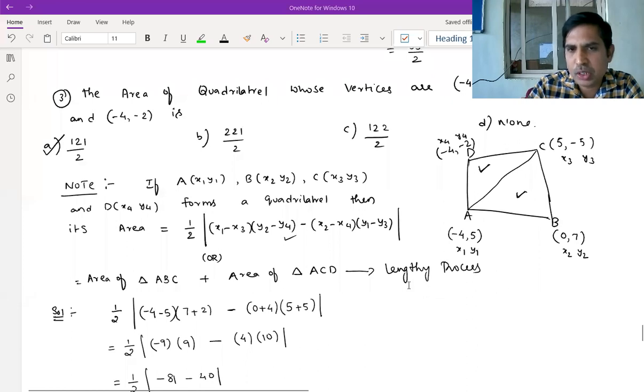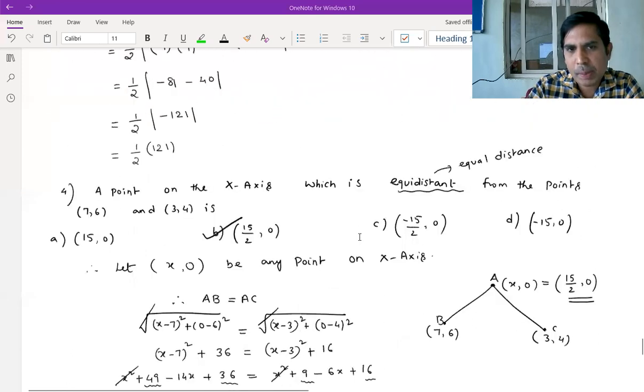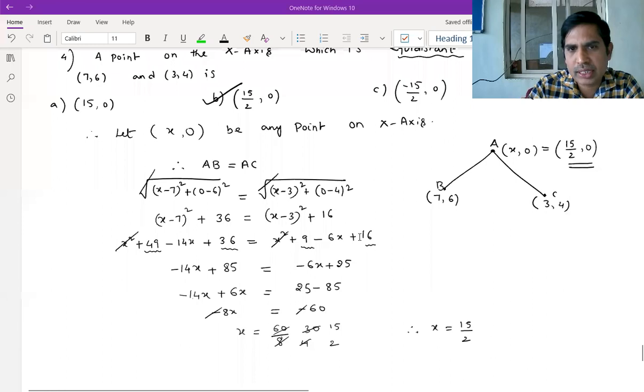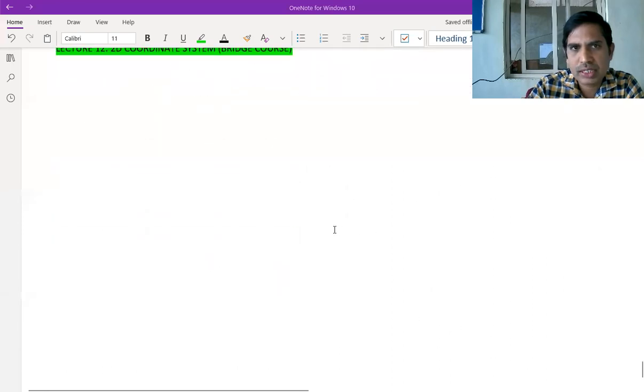It becomes a lengthy process. Instead of that, remember the formula I gave here: half modulus of (x1 minus x3) into (y2 minus y4) minus (x2 minus x4) into (y1 minus y3). Based on that also we discussed problems. Now we'll discuss still some more problems.